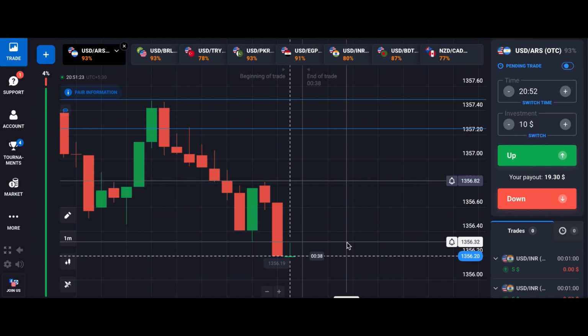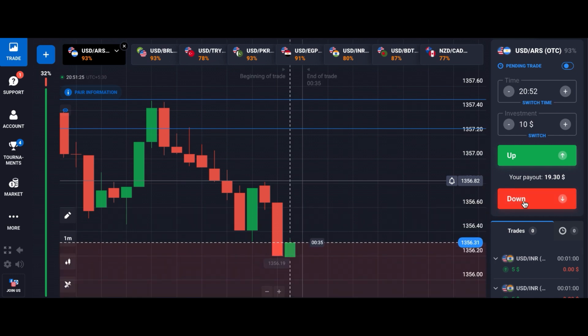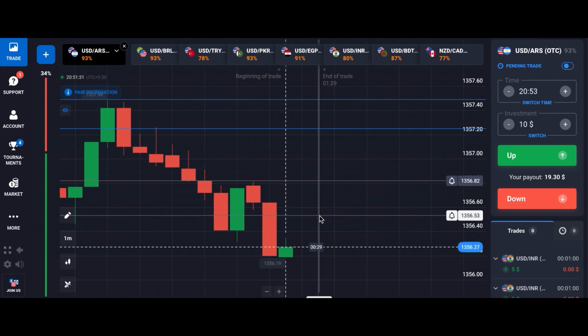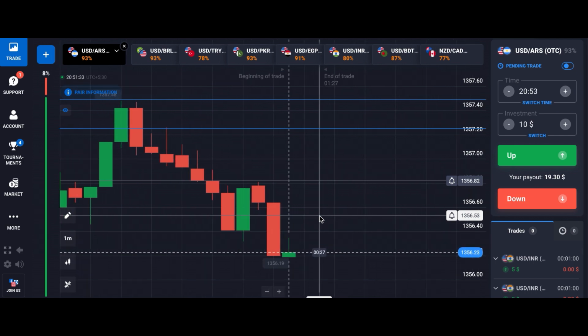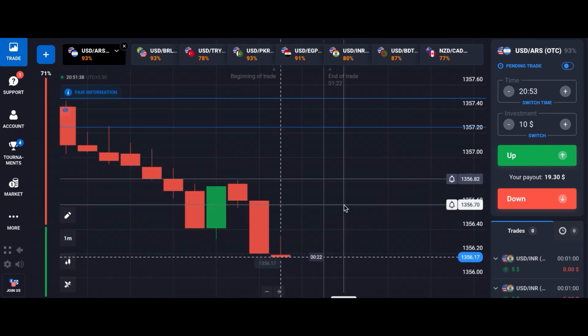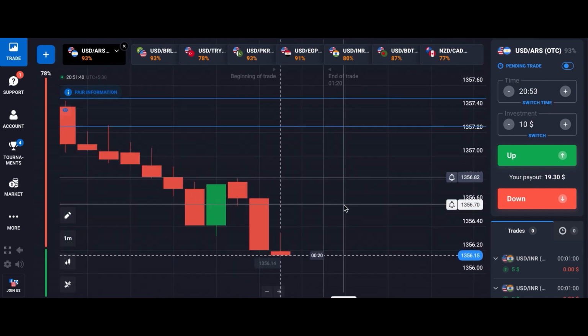And now from here the market has closed below, so if it goes a little bit up, then I will take another trade in the down direction. Okay, so here I can find an opportunity in the down direction. If the current candle closes in red, then the next candle will also be red.